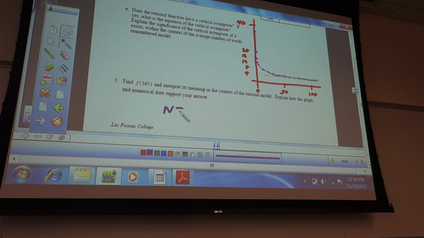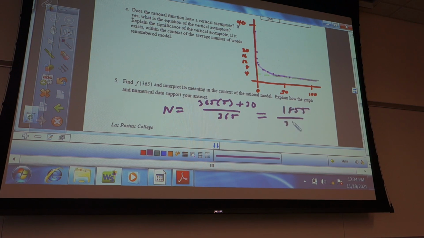So that would be n is equal to 365 times 5 plus 30 over 365. 5.08.